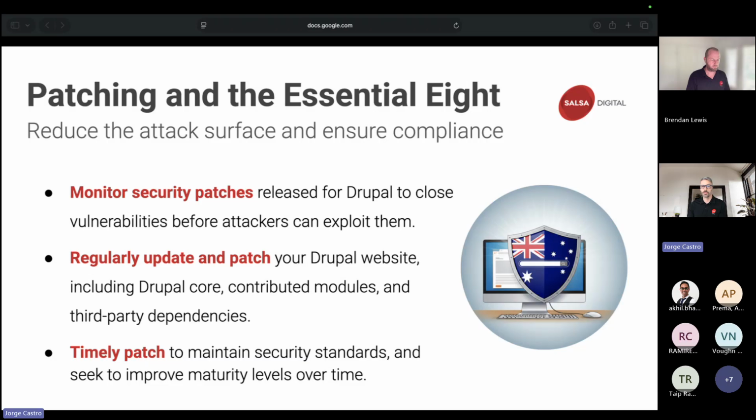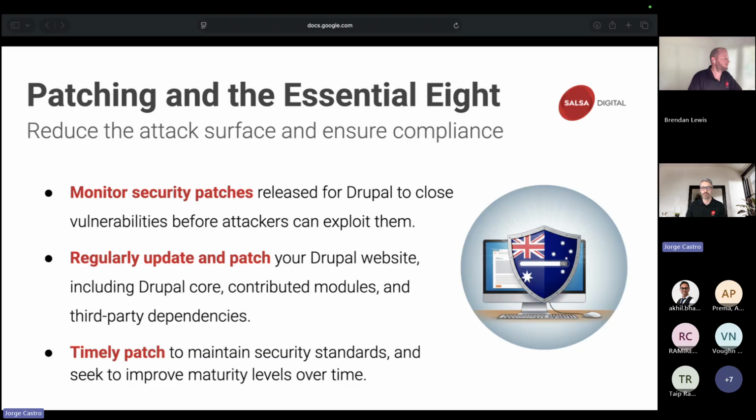First, we start by being vigilant, monitoring Drupal patches, including Drupal core, contributed modules, and third-party dependencies, to really quickly close those vulnerabilities before they can be exploited.